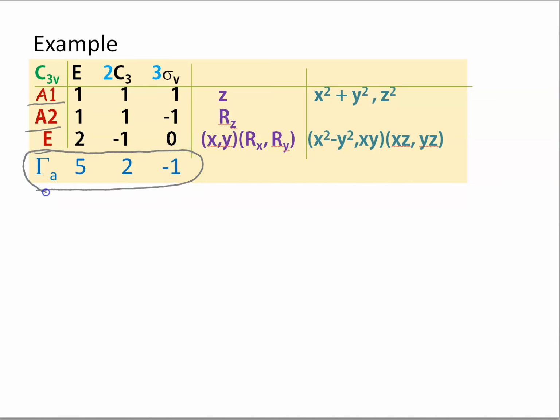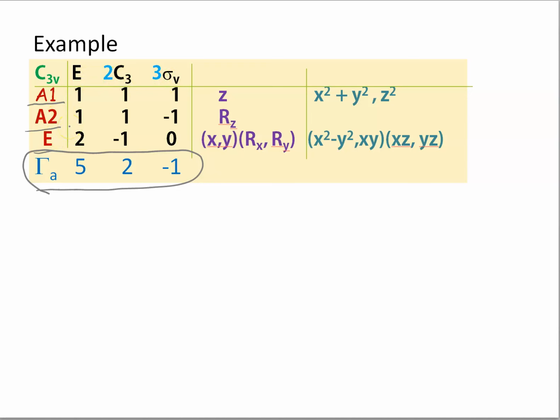I am going to reduce it using the reduction formula. It is an example of a reducible representation we are taking to do the problem. So gamma A is 5, 2, minus 1, that is a reducible representation. A1, A2 and E are the irreducible representations. Only 3, because there are 3 classes.